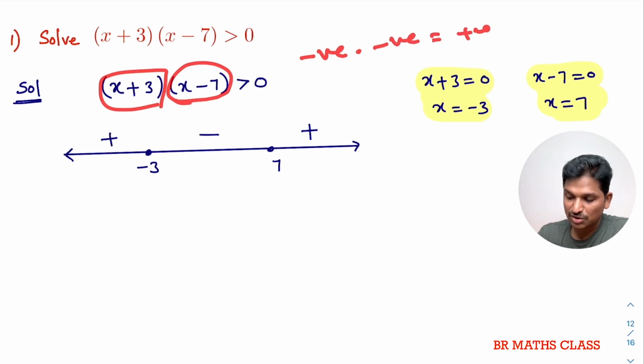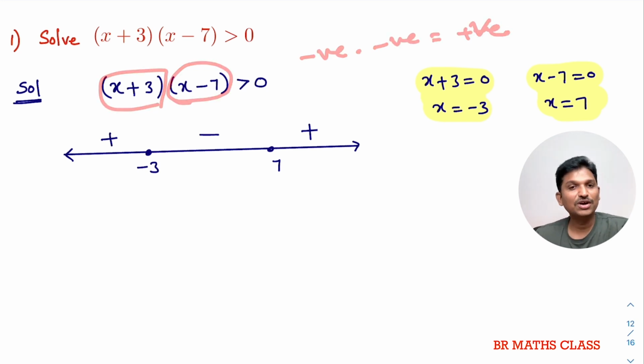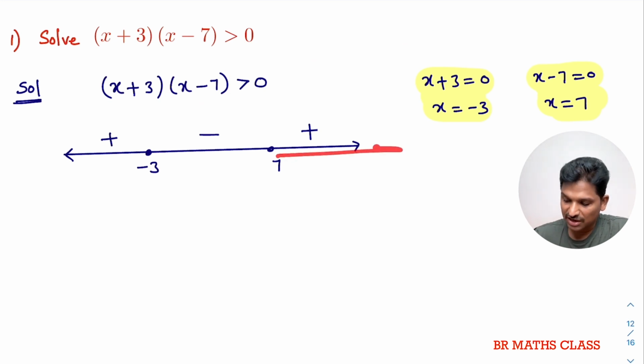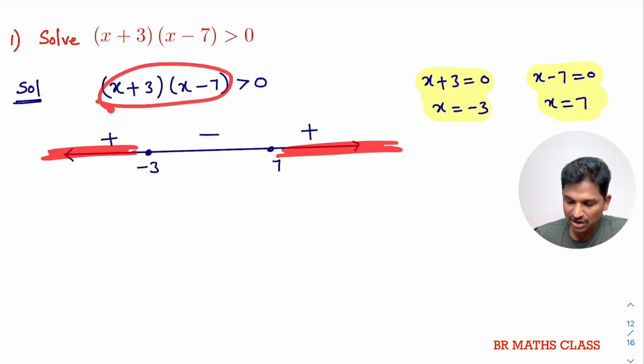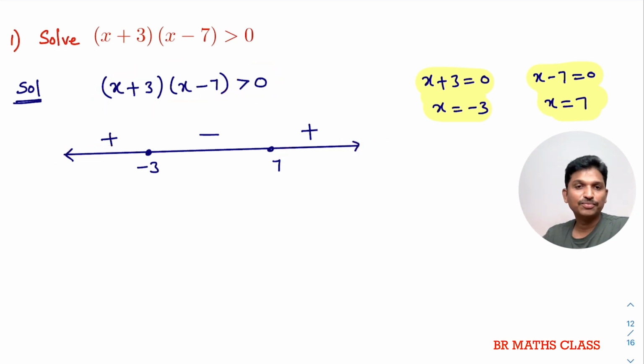Negative into negative is what? Positive. I hope you are understanding what I am trying to say. So whatever x values you take in this zone as well as in this zone, the inequality will be greater than 0. Right? So what is the solution of this inequality? I can write like this, x belongs to, see here I'll just highlight this area, this part. Why this part only?